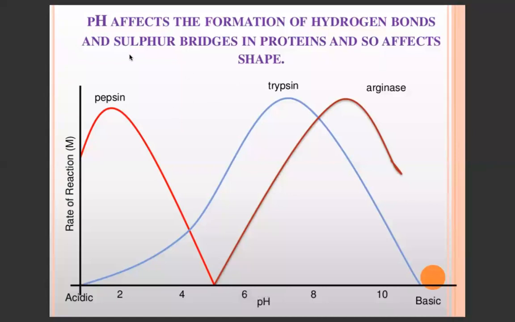Now, the pH for pepsin is roughly 1 point something, round about 2. Pepsin works at a pH of 2. Trypsin works at a pH of almost 7 and arginase works at a pH of almost 9. So the pH level is also different for each enzyme, just like the temperature.